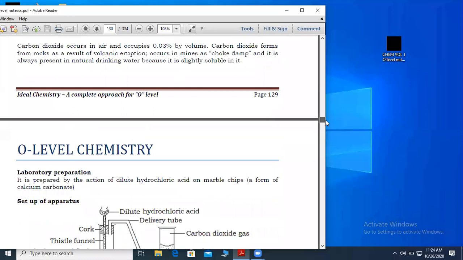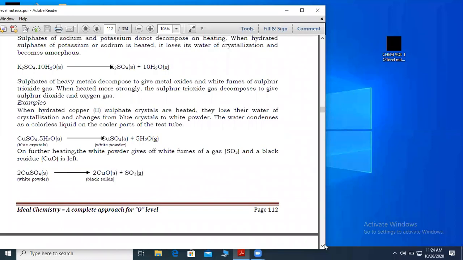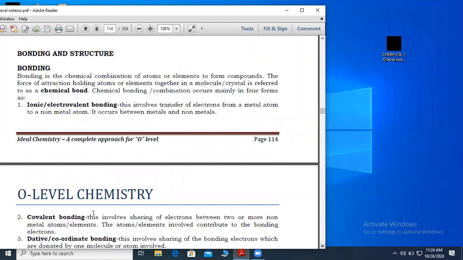So I told you we shall be going to page 114. Now, page 114, again, is something that is not new to us. What do we find there? Bonding.